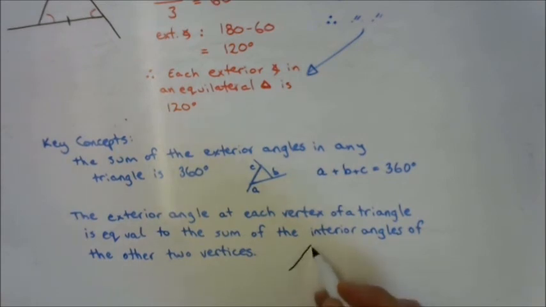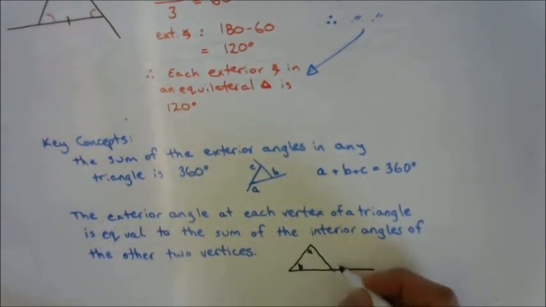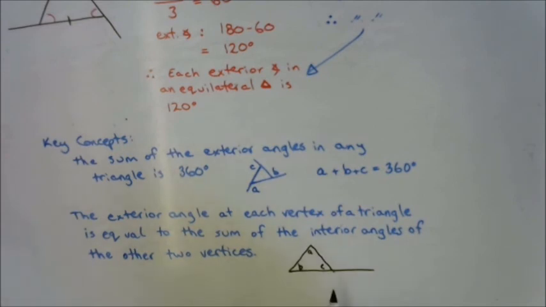Now, let me draw you a diagram and explain what that means. So we're looking at a triangle, and you can draw any old triangle, okay? And if I label my angles A and B and C, then this exterior angle is actually the same as A plus B. That should make sense based on the properties of triangles and angles that we know already. If the sum of interior angles, pay attention, is 180, I could find C by adding A and B and then subtracting that value from 180.